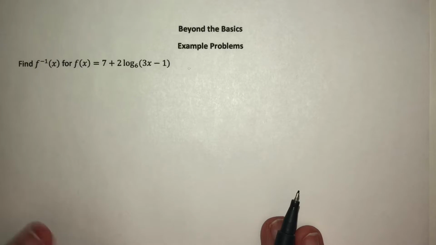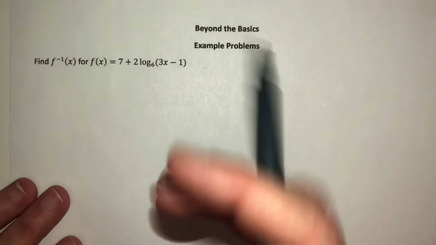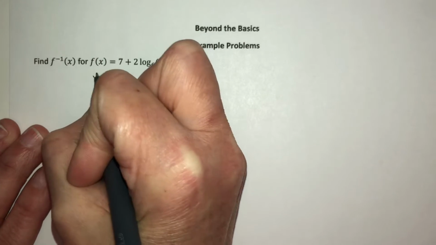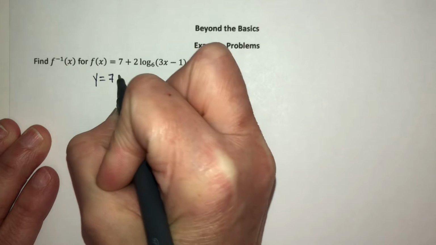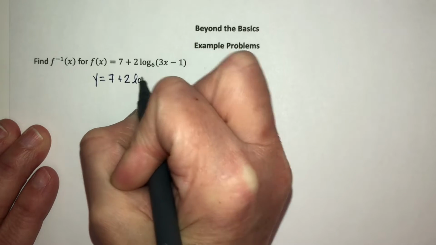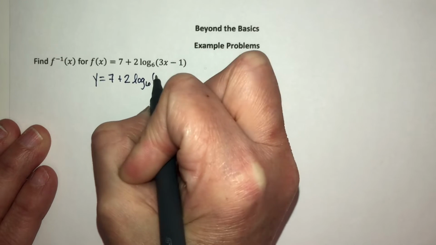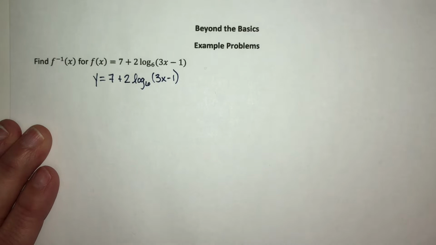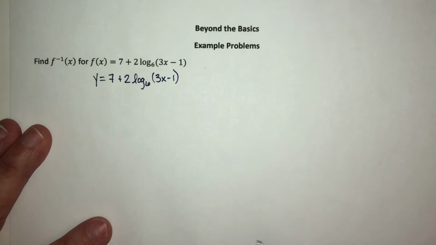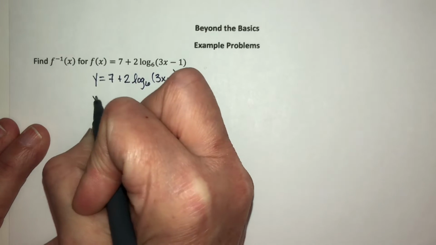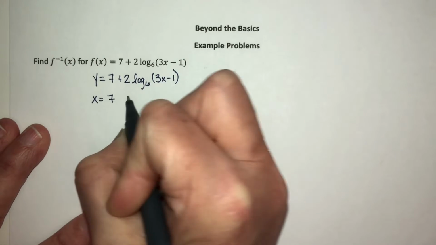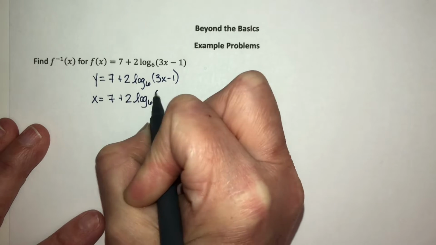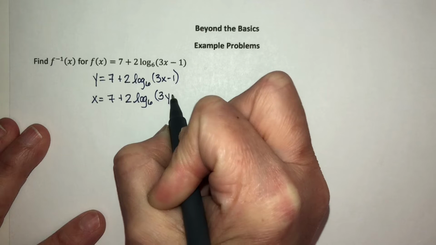Now, the process we used to find inverses is the first thing is you rewrite, instead of f of x, you write y. Okay. Our next step is to switch the x and the y. So I have x is equal to 7 plus 2 log base 6 of 3y minus 1.